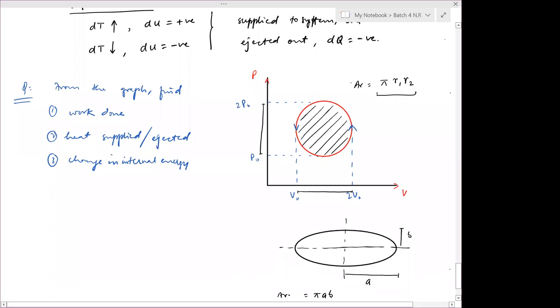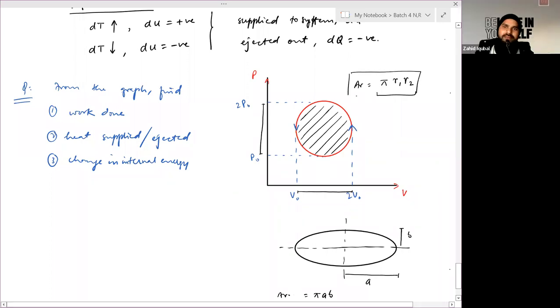So in general, we use this formula for curves in physics.